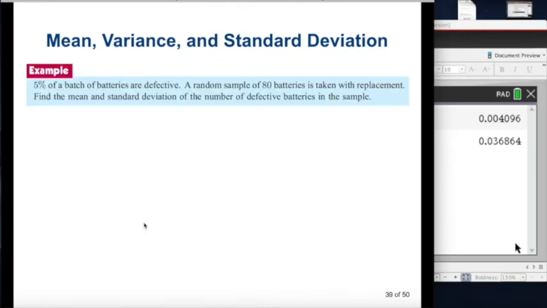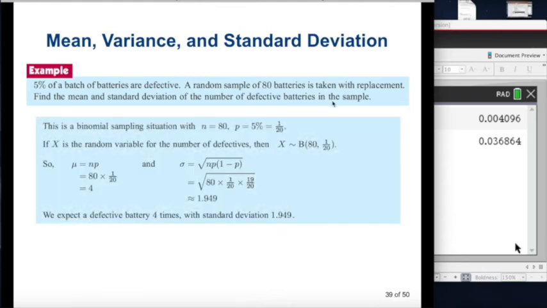Right, let's do another example. Here 5% of a batch of batteries are defective. A random sample of 80 batteries is taken with replacement. The question is, find the mean and standard deviation of the number of defective batteries in the sample. Let's write the given information first.